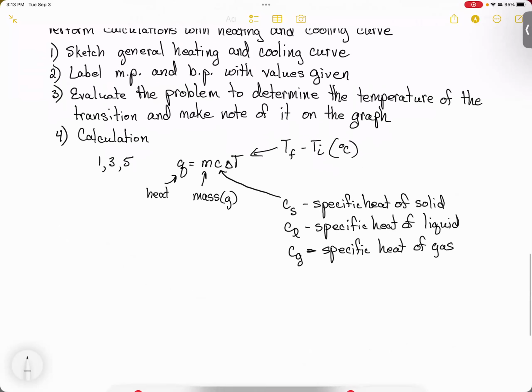Now, for steps 2 and 4, your heat is going to be equal to nΔH, where n is going to be equal to the moles of the substance. And that is because your enthalpy is going to be in moles.